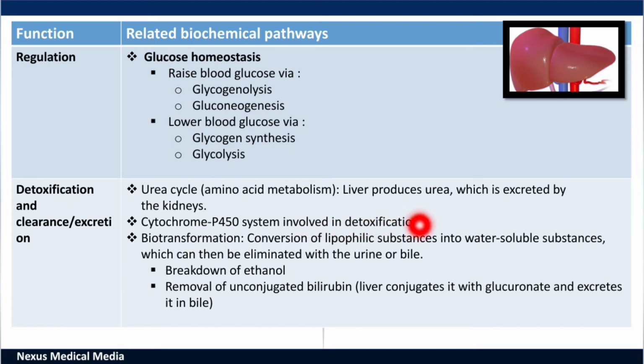It is involved in detoxification. There is biotransformation, that's conversion of lipophilic substances into water-soluble substances, which can be eliminated with the urine or bile, right? So that's more of xenobiotic metabolism. We'll talk about this in a separate video.